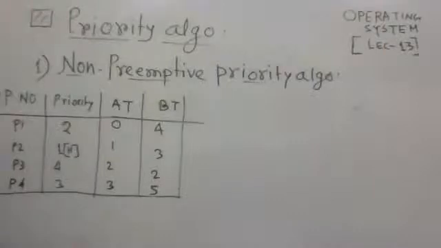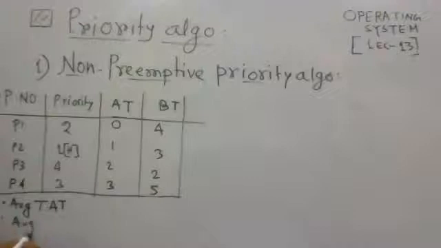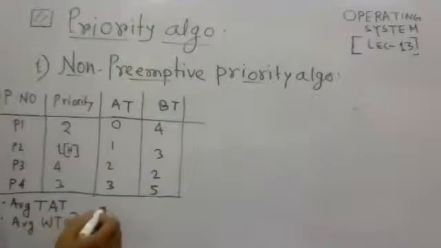So now, using the non-preemptive priority algorithm, we have to calculate the average turnaround time, average waiting time, average response time, and throughput of the system.